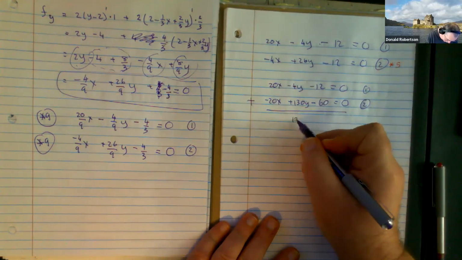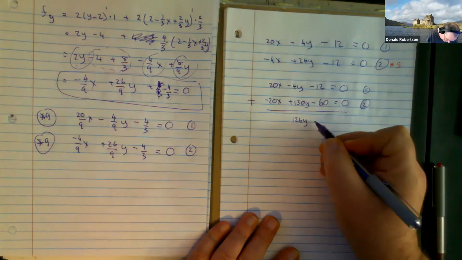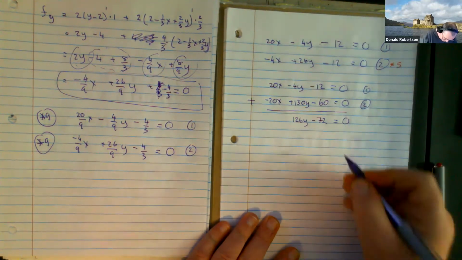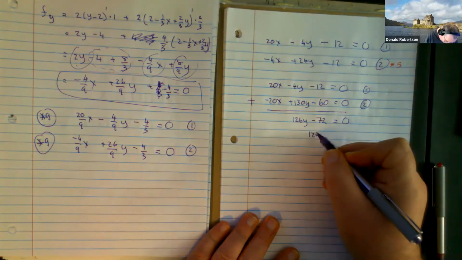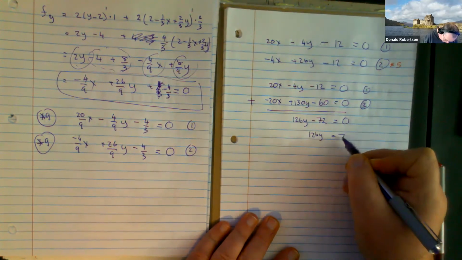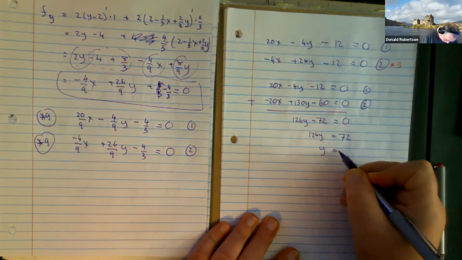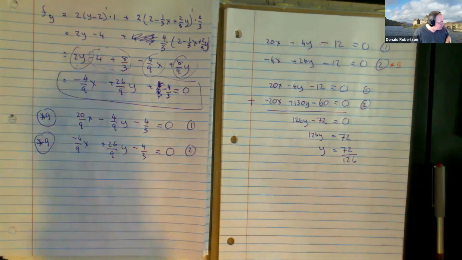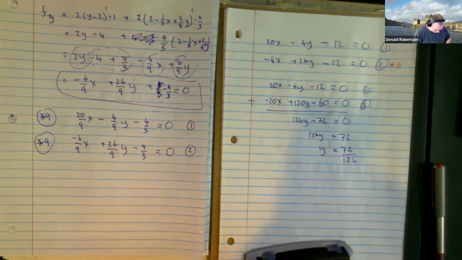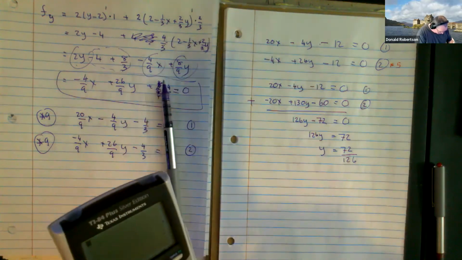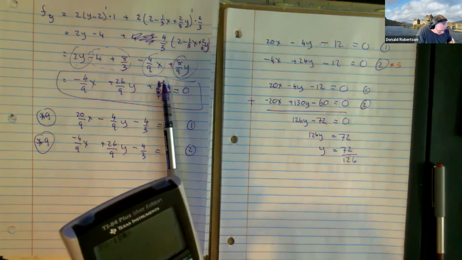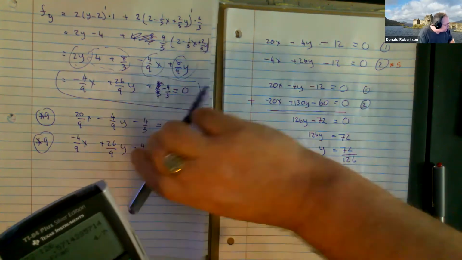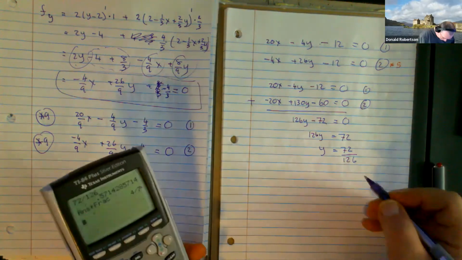And this guy becomes 126y, and this guy becomes -72, and this guy becomes 0. And I now have 126y is 72, which makes y 72 over 126, which I certainly don't like, but here goes. 72 divided by 126, make it a fraction, and the answer I get is 4/7.